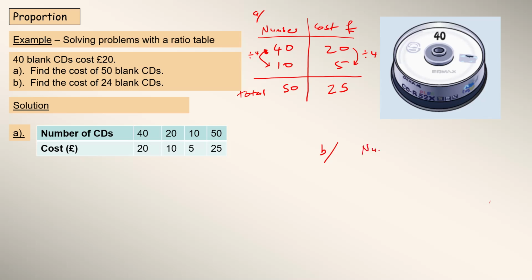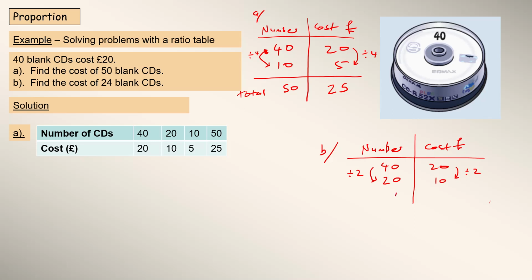So again, number and the cost in pounds. And we know 40 costs £20. Now I need 24. So if I do 20, to go from 40 to 20, I divide by 2 or halve it. So if I halve 20, I get £10 for 20.